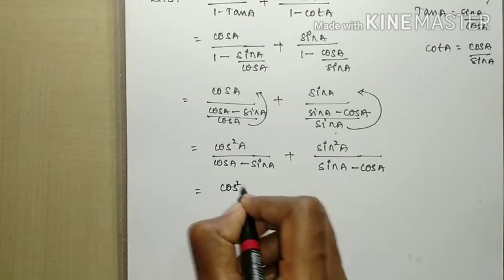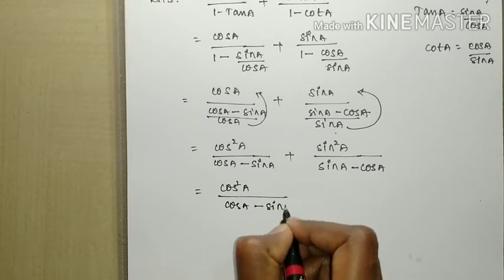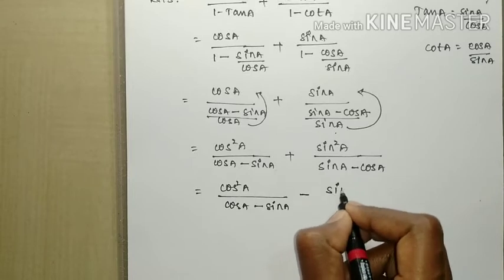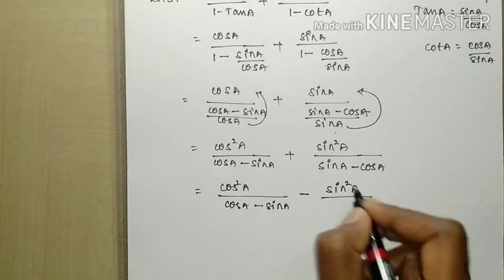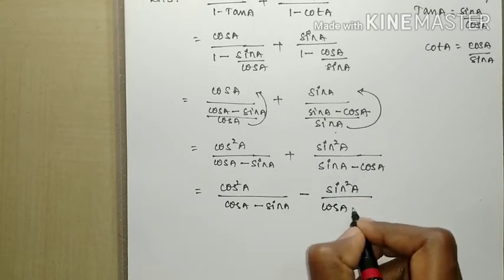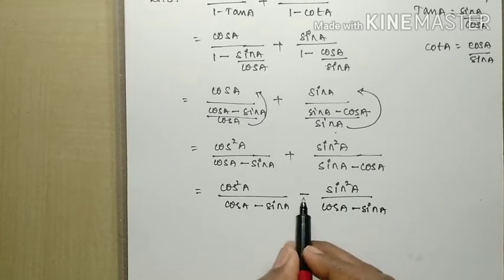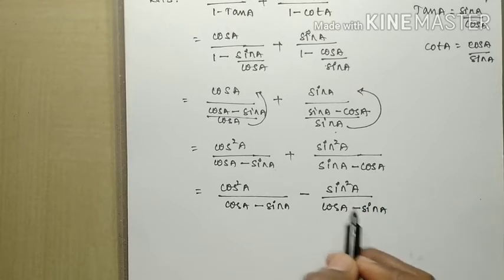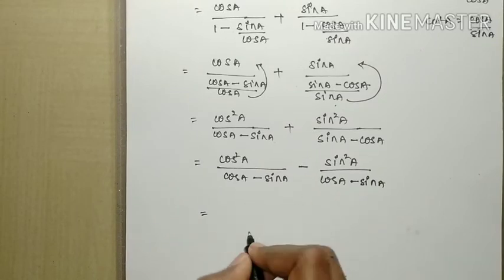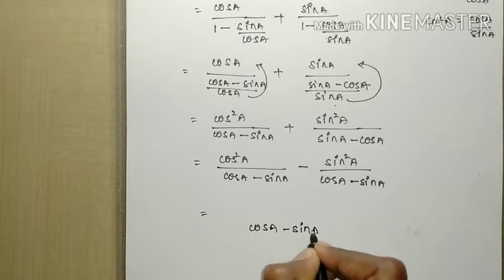Now cos square A divided by cos A minus sin A. Here I will take minus as a common factor in the denominator for sin square A, so the denominator will become cos A minus sin A, and it becomes minus sin square A. So now you can take the denominator, again the LCM is cos A minus sin A.